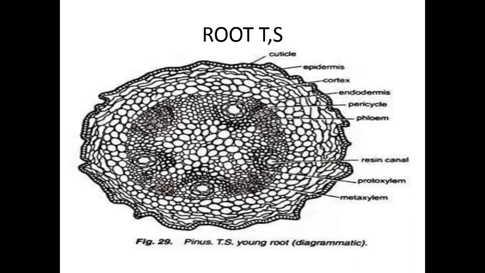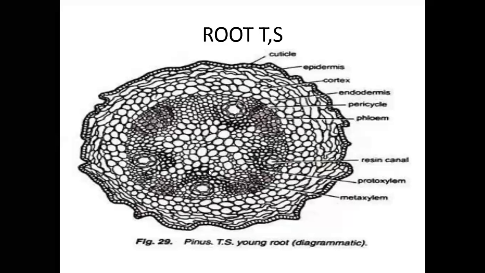The xylem shows two types: one is protoxylem and one is metaxylem. Large size xylem cells are called metaxylem. Small size xylem cells are called protoxylem.